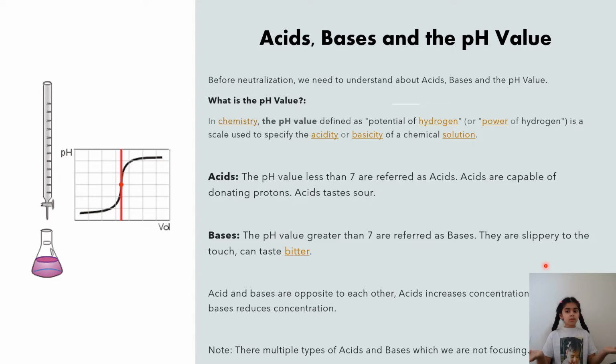We all learned those, right? So the opposite is bases reduce concentration. So acid increases, bases reduce. I need to tell you a note, friends. There are multiple types of acids and bases that we are not focusing on.